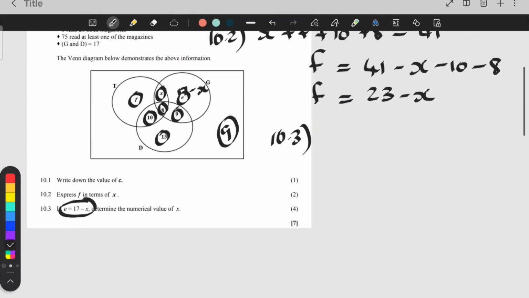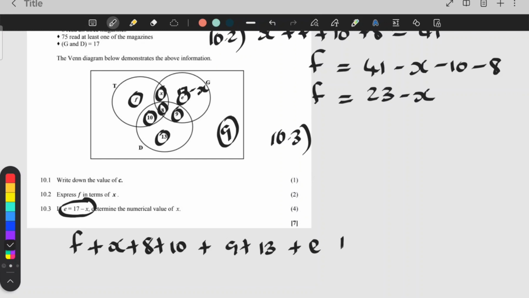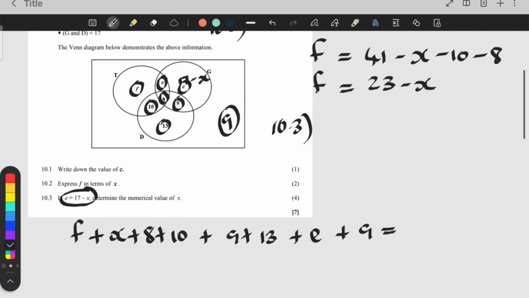So I'm going to write that down at the bottom. F plus X plus 8 plus 10 plus 9 plus 13 plus E plus the 9 outside must give me a total of 84 learners.